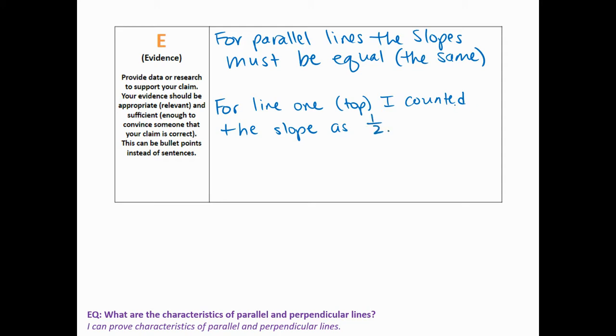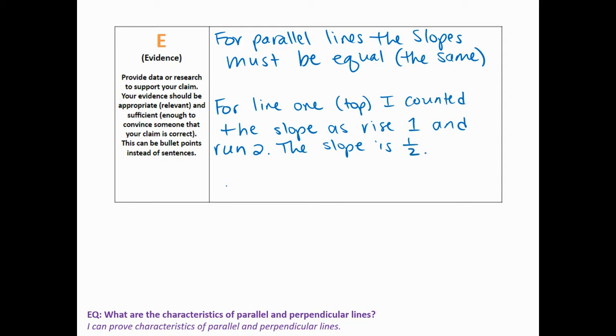So you're saying you counted it, and then what the actual value was, 1/2. Actually, I might write that a little differently because it sounds confusing. I counted the slope as rise one, just making it sound a little smarter, and run two. The slope is 1/2.